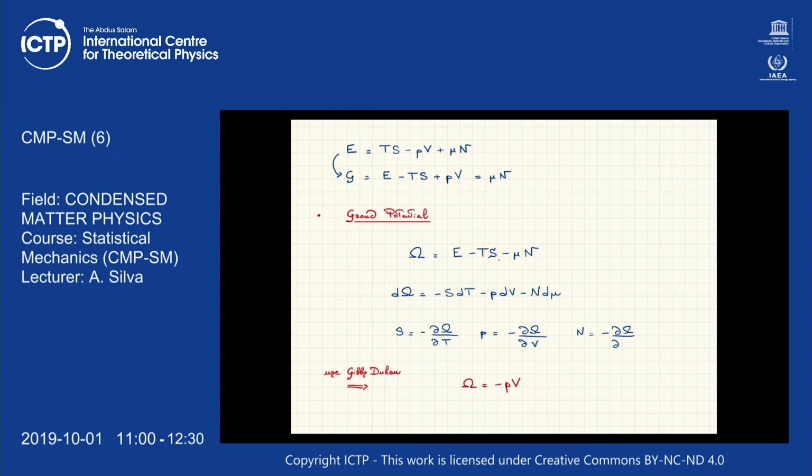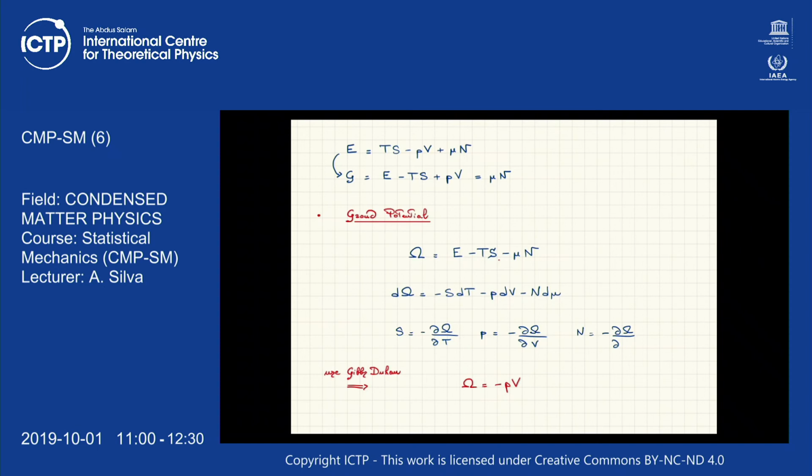You all remember, like a poetry, P times V equal to N times R times T, or N k_B times T, whatever. So, when you see something like this, the first thing you think about is an equation of state.